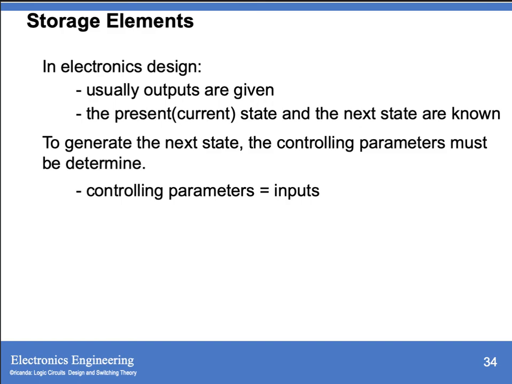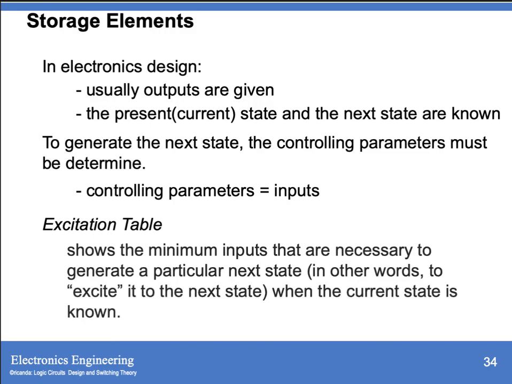These controlling parameters are what you call your inputs. So we have to generate what you call your excitation table. This shows the minimum inputs that are necessary to generate a particular next state when the current state is known.